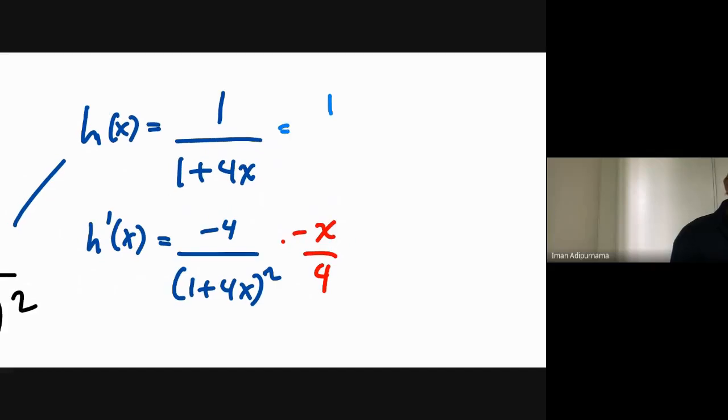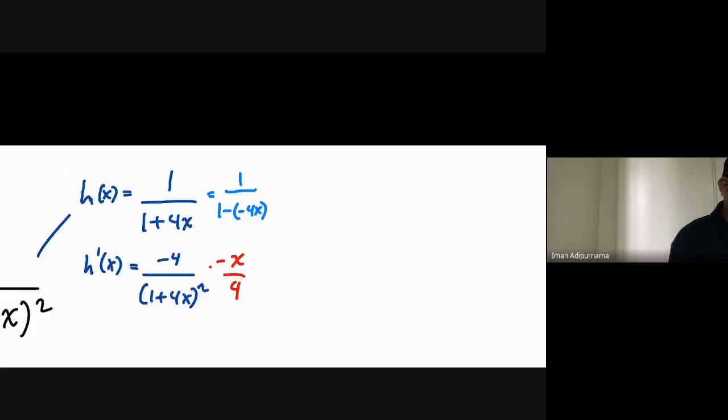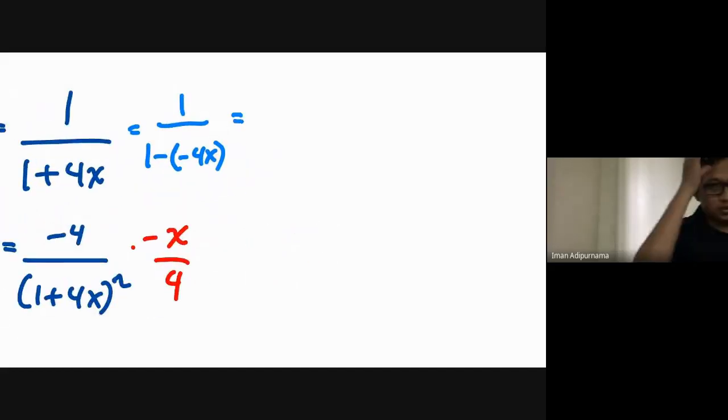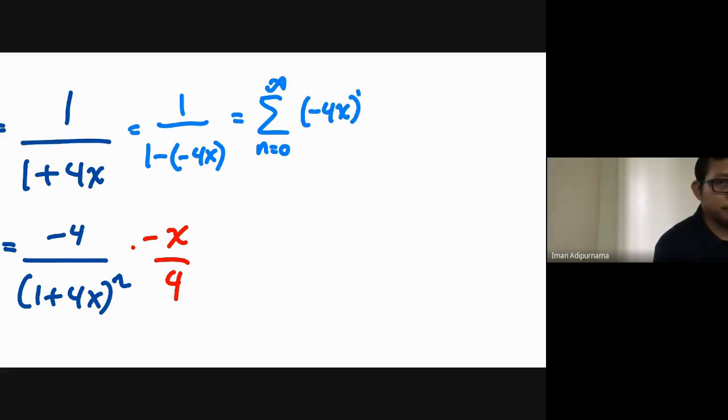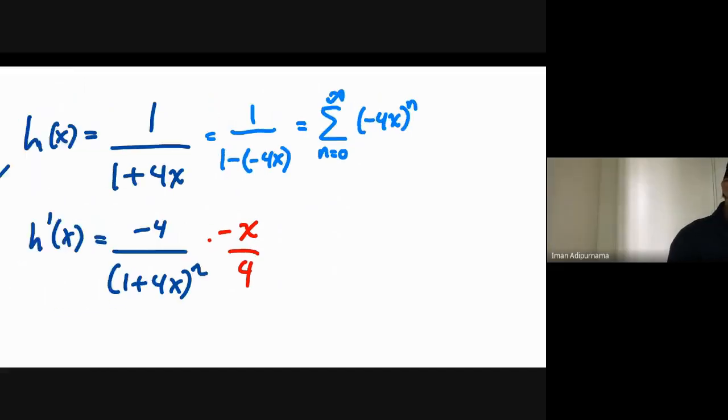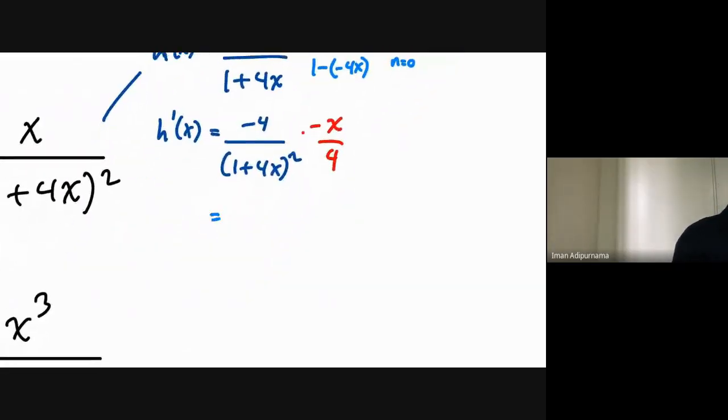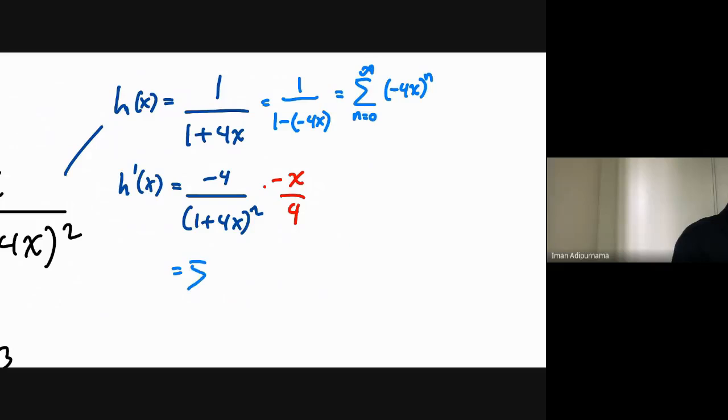Now let's do the first step. So let's do this: 1 minus 4x, and this will be the sum of negative 4, negative 4x to the power of n. Let's just write it here. And then let's derive, okay?